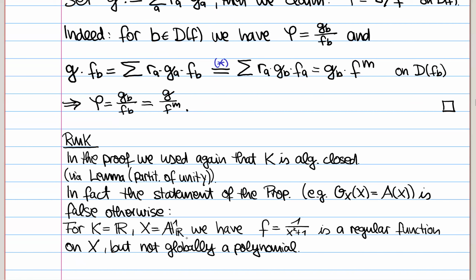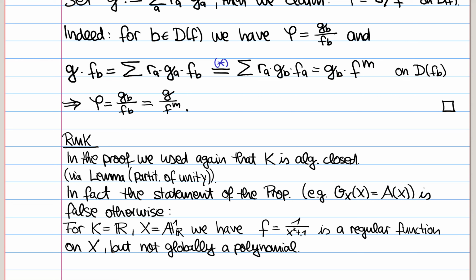Then on there, you can write down a nice quotient of two polynomials, namely 1 divided by x squared plus 1. And this is a function defined everywhere because the denominator is never 0: x squared is non-negative, so x squared plus 1 is always positive. And this is a regular function by the definitions that we had before, but it is not globally given by a polynomial, because, for example, its value goes to 0 at infinity, whereas the only polynomial whose value goes to 0 at infinity is the 0 polynomial.